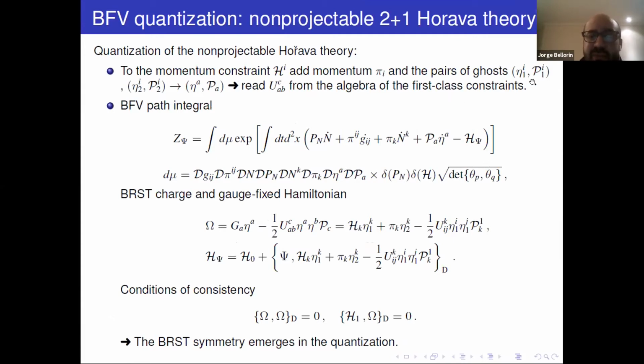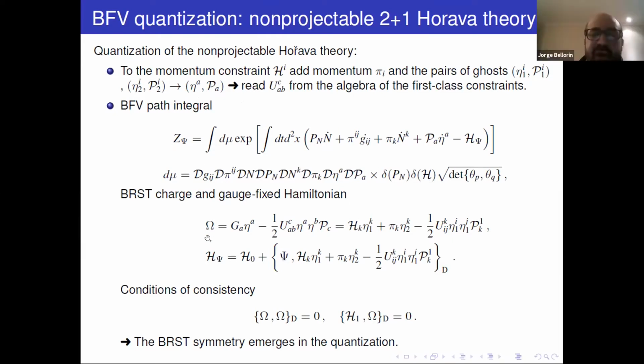Apart from the new canonical momenta, you have to introduce new ghosts, BFV ghosts, for each of the first class constraints, which are denoted by this A and P. You define the phase space. The second class constraint is the same. You have to incorporate the measure, but you have the advantage that you don't need to use the Faddeev measure associated to the first class constraint.